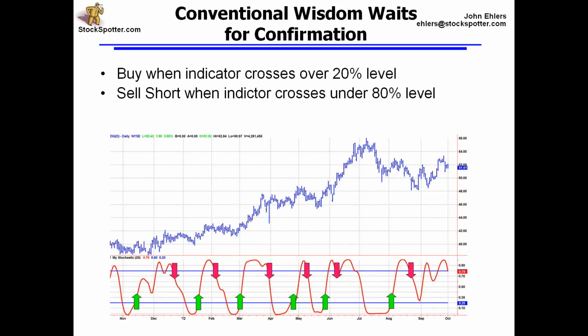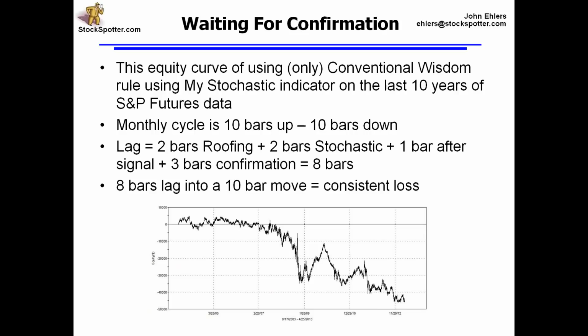And that's conventional wisdom. So I did this. I went back 10 years in the S&P futures, and I got this result, which is a dead loser. I didn't use anything except that rule. So something is desperately wrong with conventional wisdom.